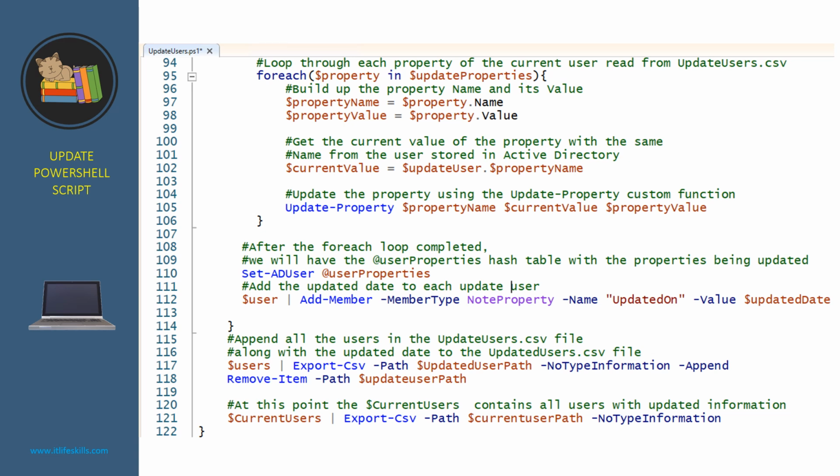However, I found out that at this point, the current users variable contains all the users with updated information. Therefore, all we need to do is export the current users variable to the current users.csv file, and it will create a new file for current users.csv and override the existing one. That's it.